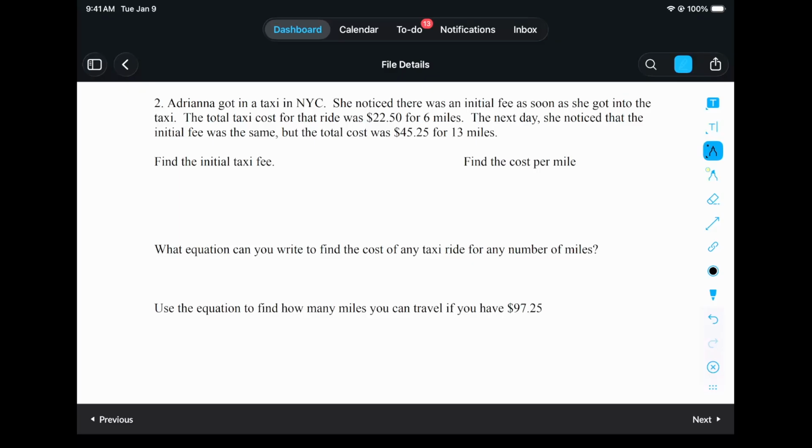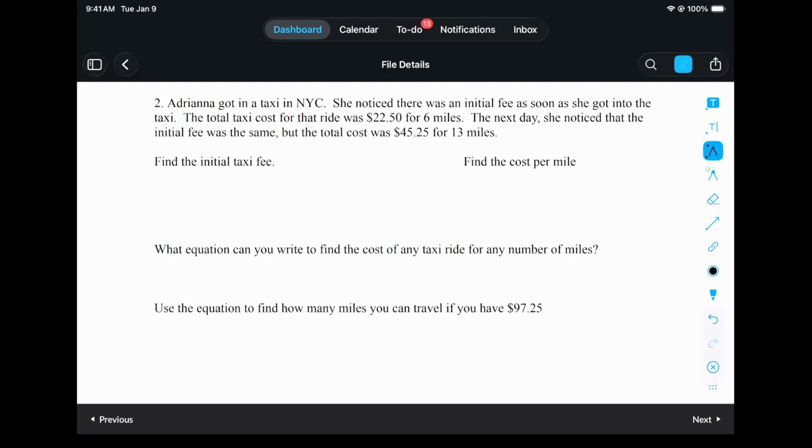Okay, so we know the initial fee is going to be the same for each ride. Total cost changes depending on how many miles we drive.